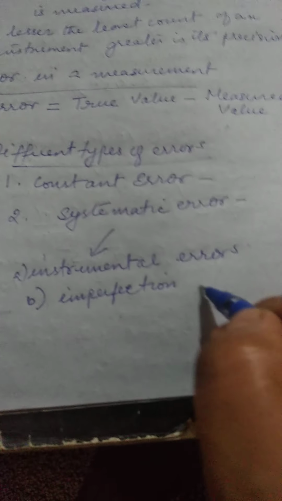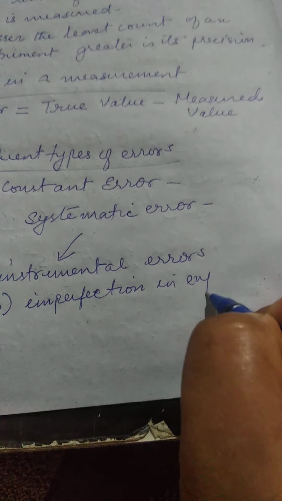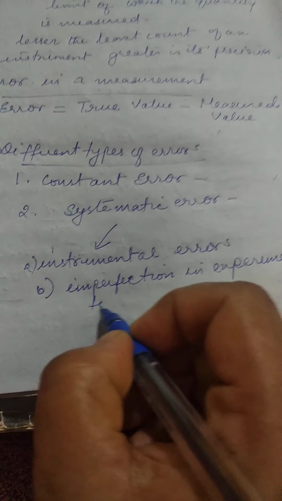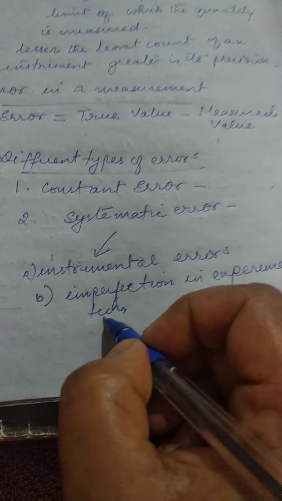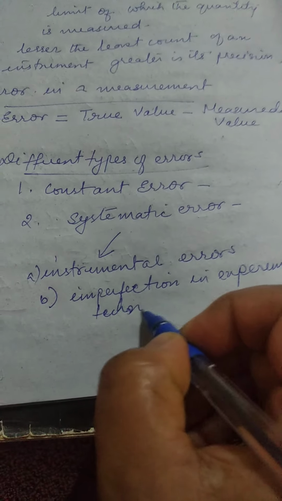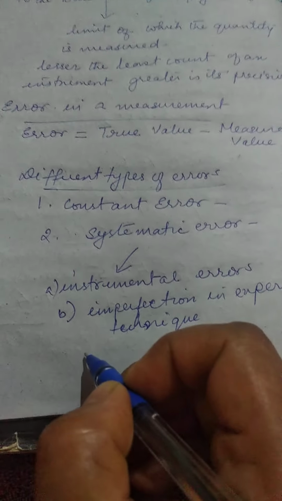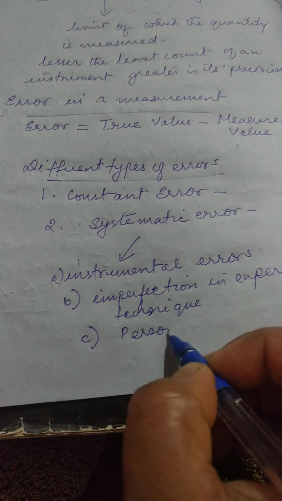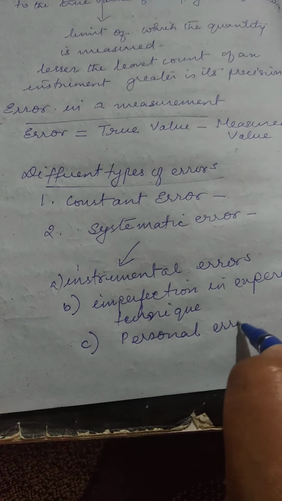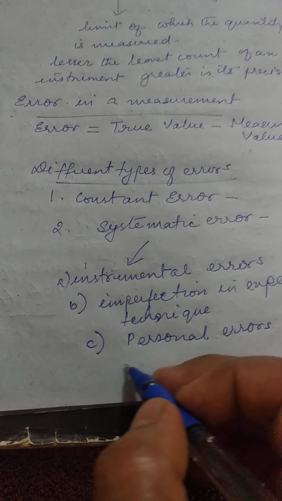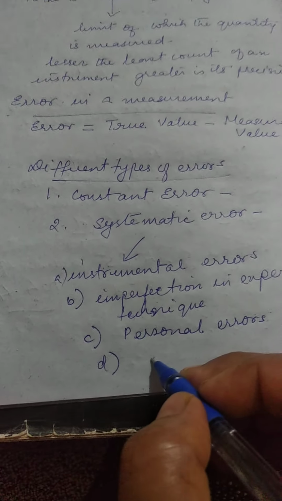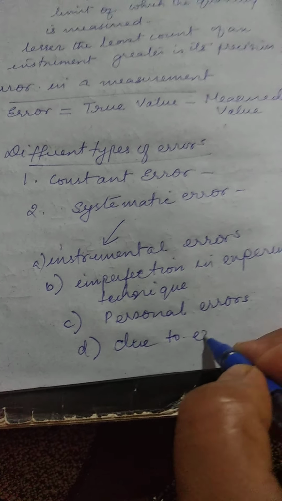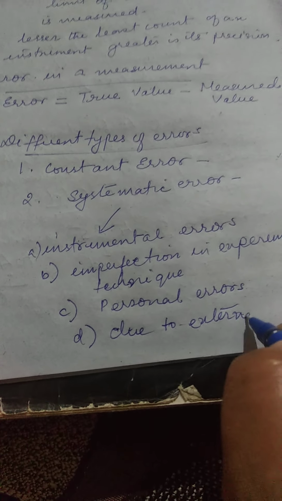Number three, it may be due to personnel error. Number four, it may be due to external cause. Now, what are the meanings of these four?